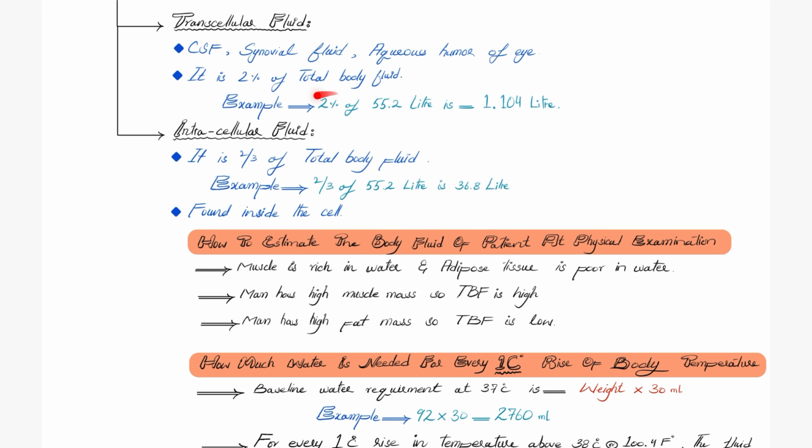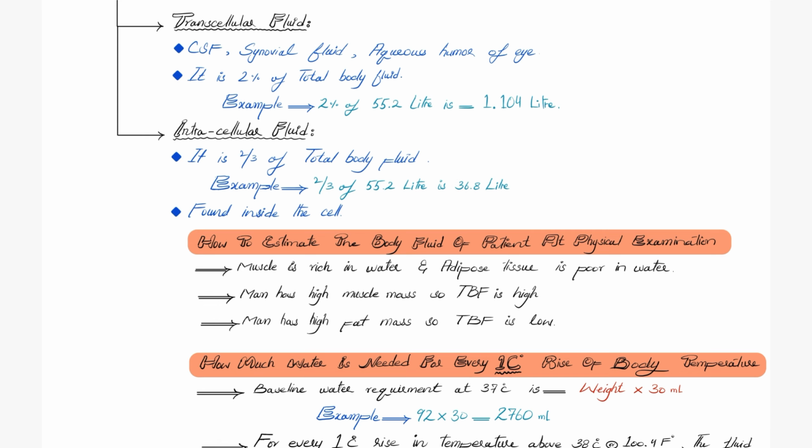For example, if the 92 kilogram male has a total body fluid of 55.2 liter, then 2% of this becomes 1.104 liter. And the third type of the total body fluid is intracellular fluid, and it is two-thirds of the total body fluid, and two-thirds of 55.2 liter is 36.8 liter. This intracellular fluid is present inside the cell.